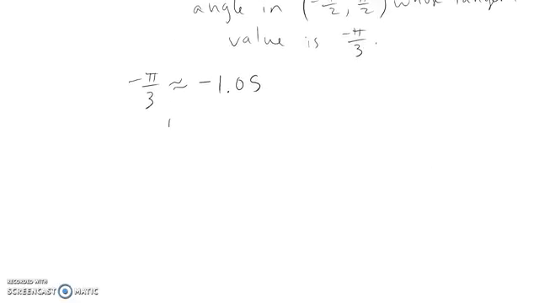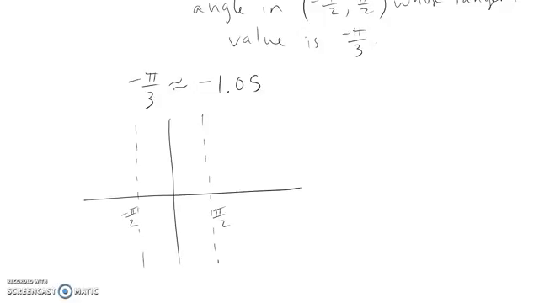Let's take a look at the graph of tangent where the inverse is defined. It looks like this. We know that at pi over 4 and at negative pi over 4, we have tangent values 1 and negative 1 respectively.